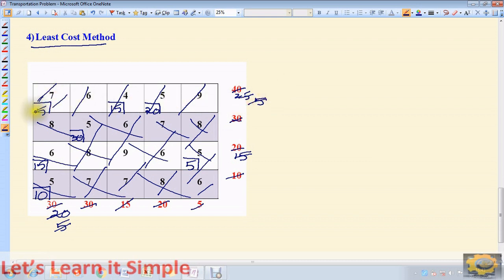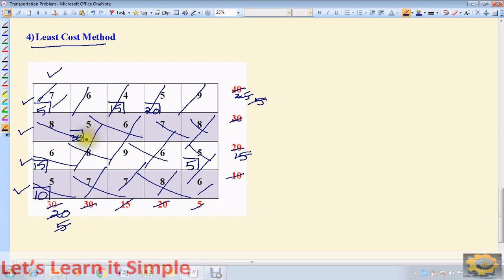After allocating, I need to verify the total number of allocations, which should match the original values in the demand and supply. 5 plus 15, 20, plus 20, 40, yes. Second row 30, yes. Third row 15 plus 5, 20, original was. Last row 10, yes. And first column 5 plus 15, 20, plus 10, 30, yes, it was.